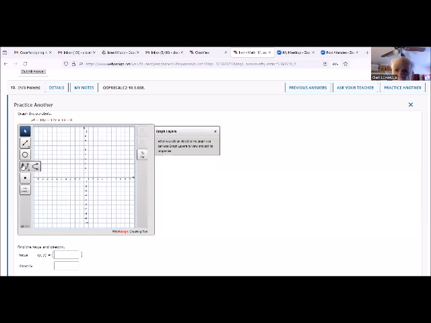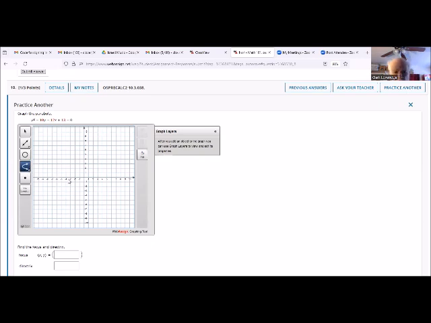Because we have a y squared, we're going to want the sideways parabola here. If you have an x squared, then you would click on the one that's up and down. But here we have a sideways parabola. So after you click on the parabola shape, click on the sideways parabola. And now it should show the sideways.